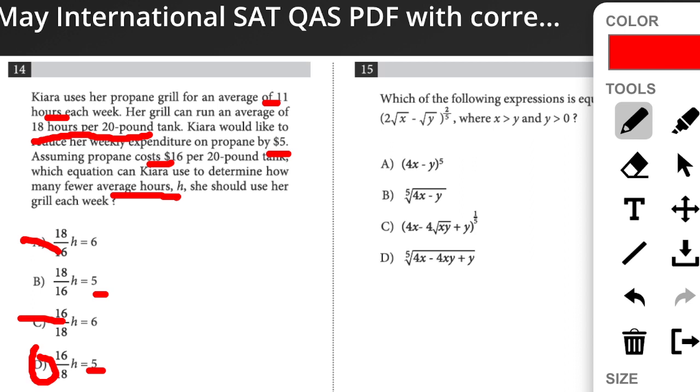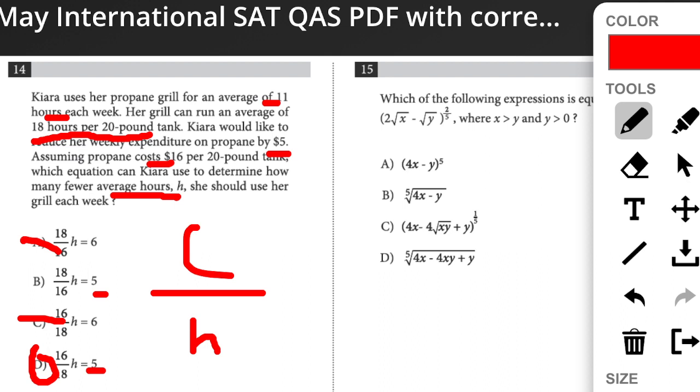Right. And yeah, the 11 doesn't matter for this question. It just says she has an average of 11 hours each week. It says on average 18 hours per 20-pound tank. So this is how much she wants to reduce it. It's going to be the cost over the number of hours. I guess the 20 doesn't really matter for this question either.